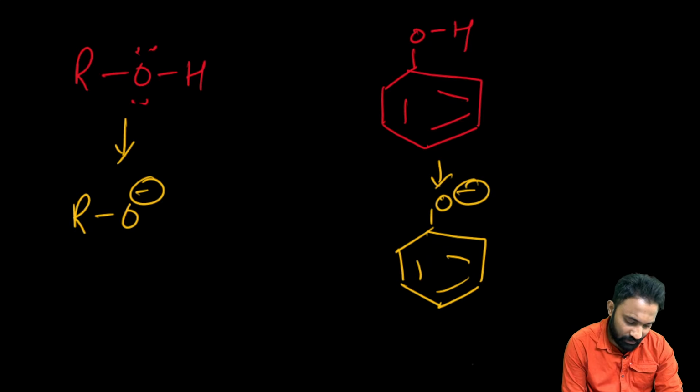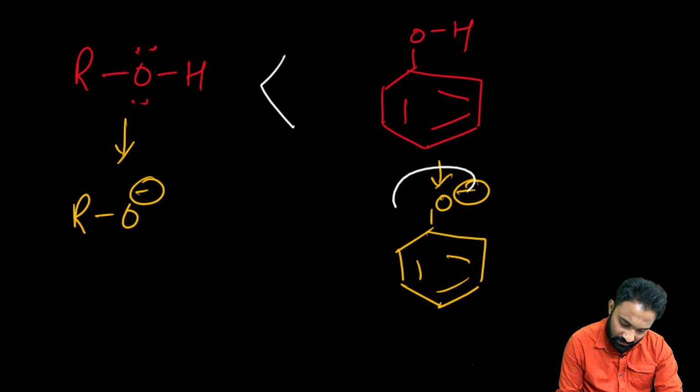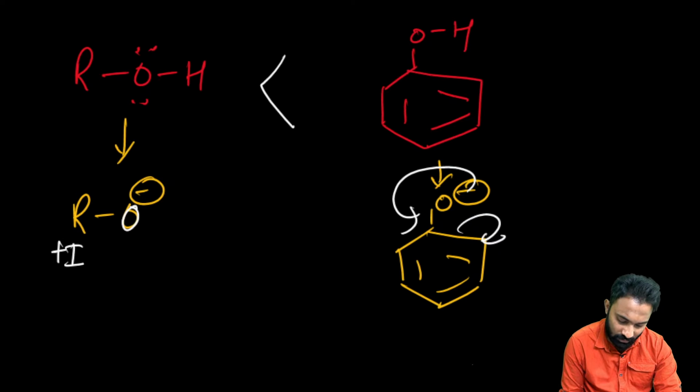Among these two, which is more acidic, if they ask? Phenol is more acidic, we know, because its conjugate base is stabilized by resonance. But the alkoxide, due to the plus I group, has its oxygen electron density increased and its conjugate base stability decreased. Done? Clear?